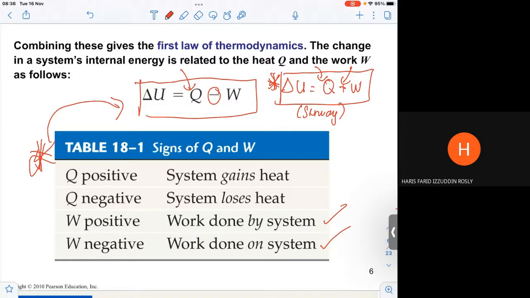But W negative means the work done on the system. For example, the work done on the system is based on the environmental factor that affects you as a machine. For example, if outside is very hot and you put yourself in one container, you can also feel the heat from the environment.